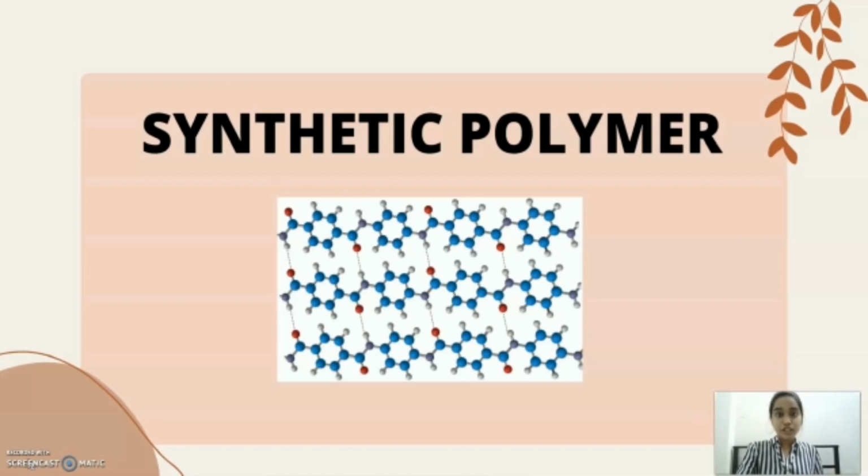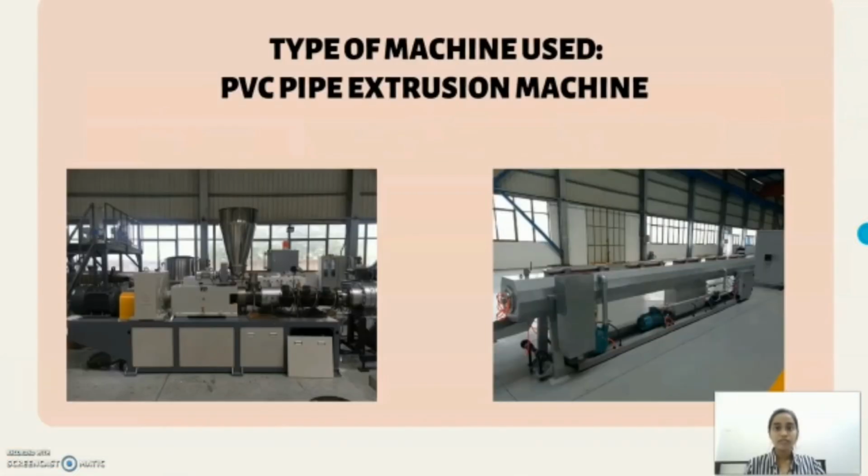Polyvinyl chloride, which is also known as PVC, is a synthetic resin that is made from polymerization of vinyl chloride. PVC is a commonly used polymer that finds applications in a variety of products due to its excellent properties and low cost. The type of machine that is used to make this PVCO pipe is the PVC pipe extrusion machine.